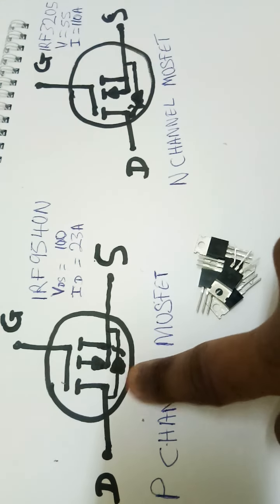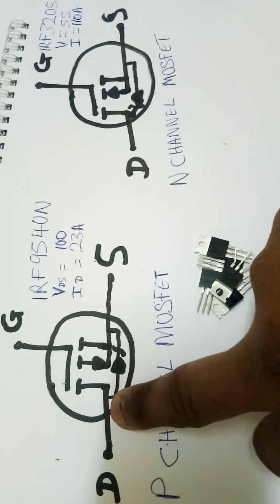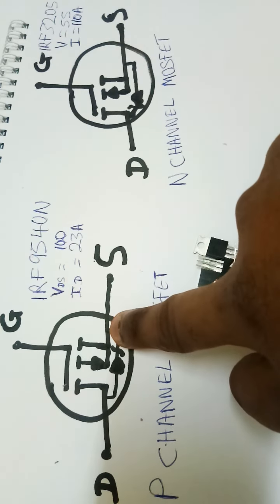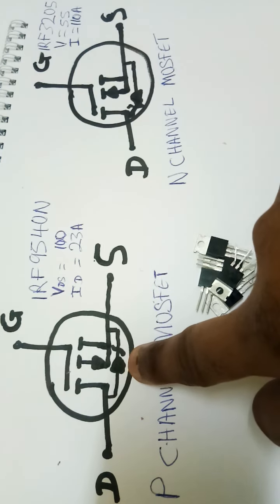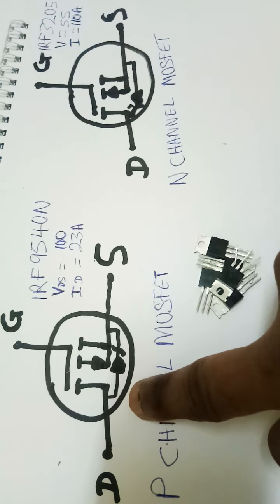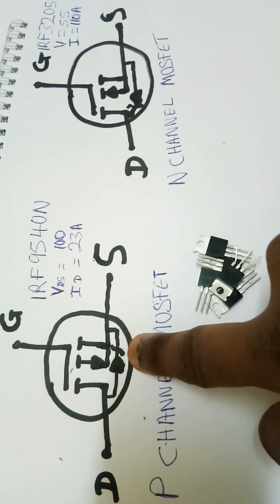As you can see, in this P channel MOSFET, between the drain and the source is a diode. From the drain to the source, the diode is forward biased.